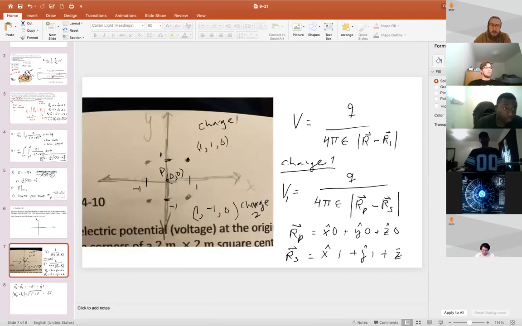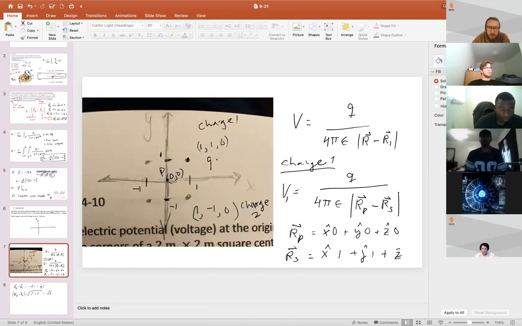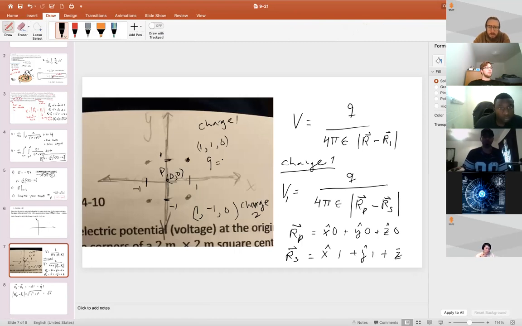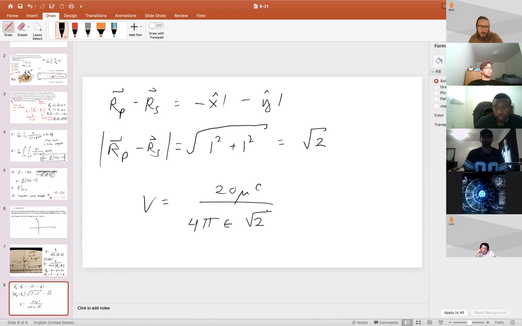Now, we know this Q: the 4 charges are each equal to 20 microcoulombs. So the voltage due to charge 1 is 20 microcoulombs over 4 pi epsilon root 2.